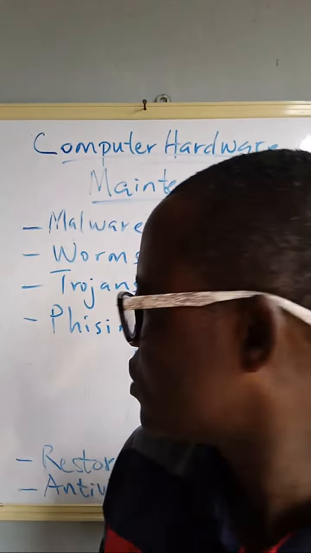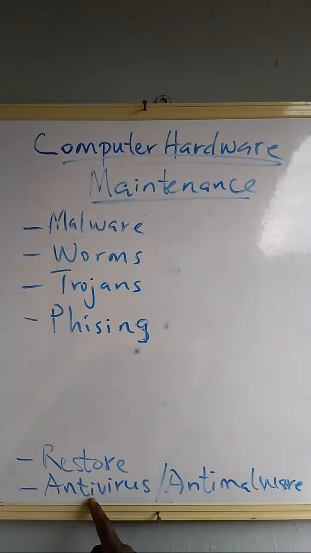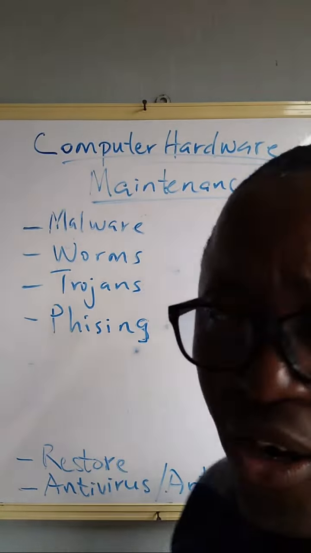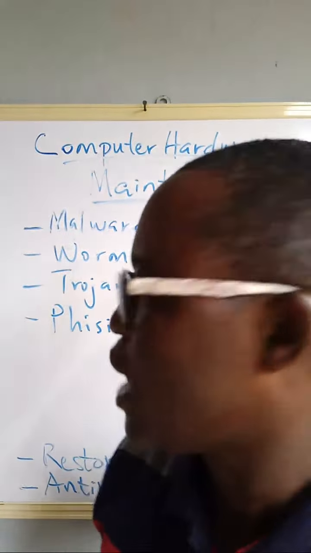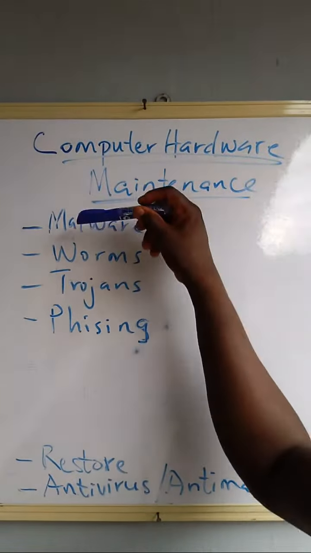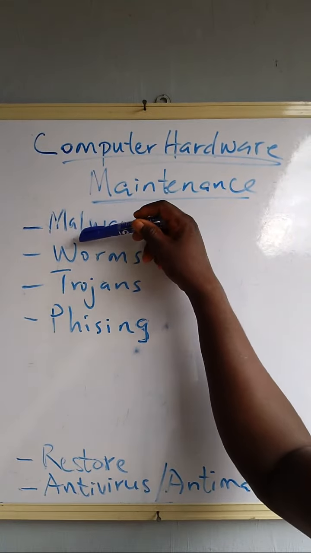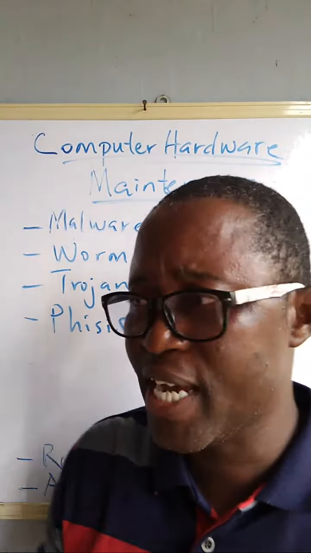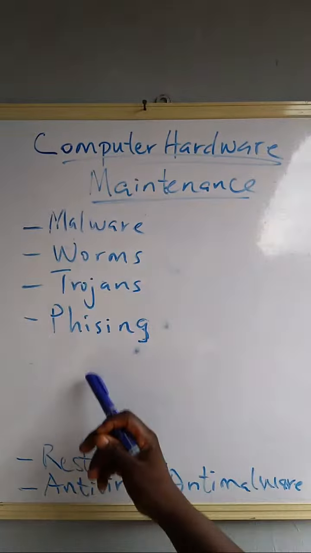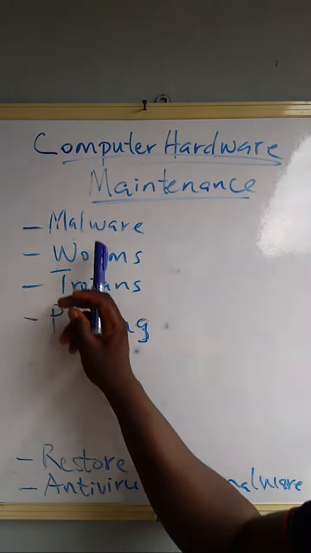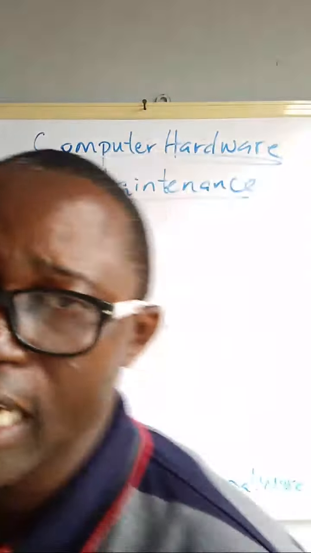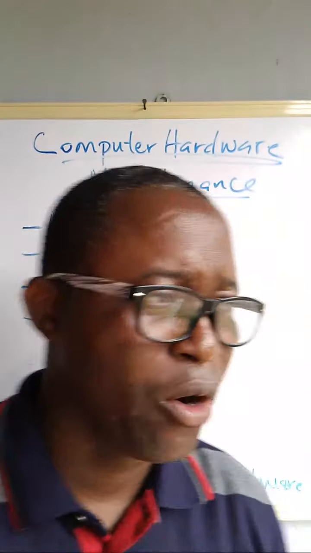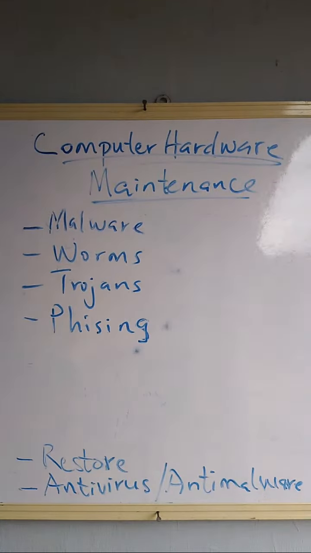So we need a very good antivirus. Usually antivirus carries various programs that work against all of these. A very good antivirus will have a comprehensive package that carries software that detects all of this and takes care of them. Now, what is needed when you use antivirus?